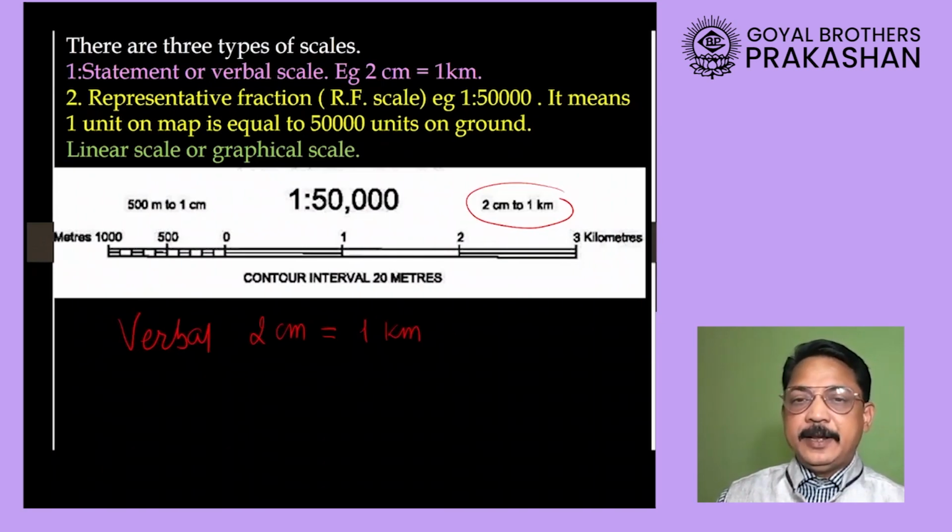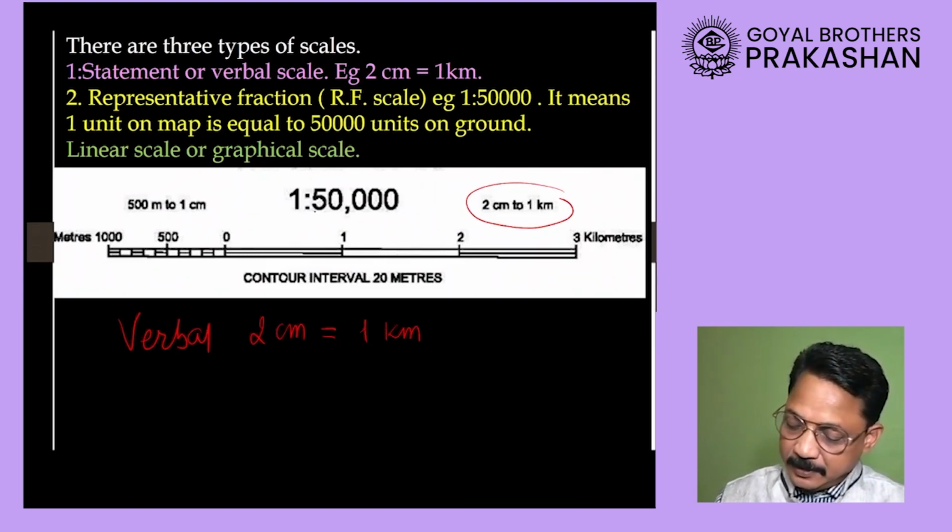This is a scale given on a topography map. Please remember, previously we saw the scale given on the map of India. A topography map is a smaller map, and on a smaller map the scale is given differently, where 2 centimeter is given to 1 kilometer.